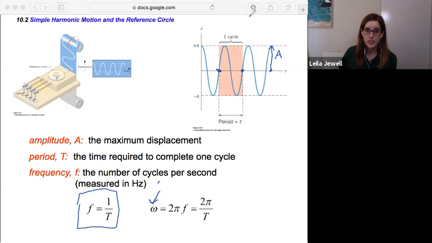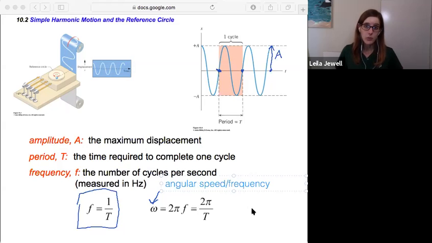So those two things can be used interchangeably. But either way, it's going to have units of radians per second, as opposed to frequency, which is just 1 divided by seconds. So those are some important notes there, and those definitions will help us as we continue to define more quantities.